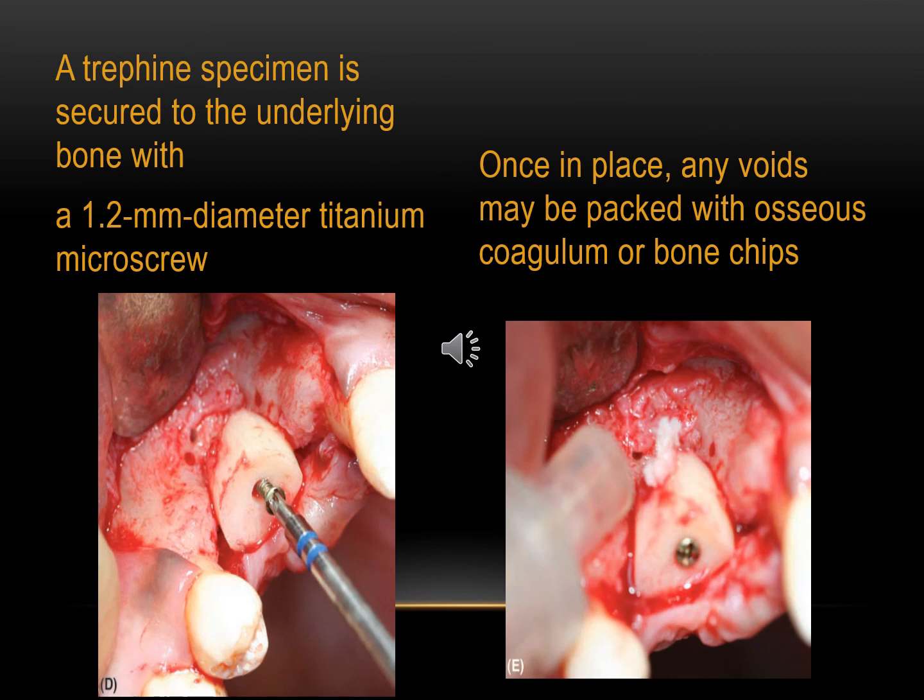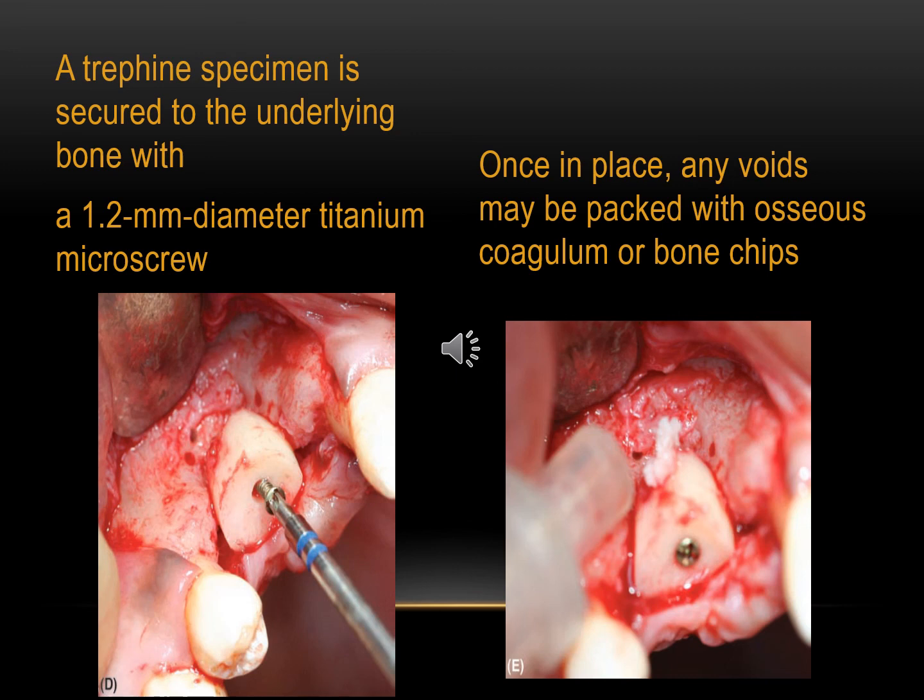Another case, you see the recipient bed with some perforation for encouraging the bleeding from the cancellous bone, with the bone block screwed in place using a small screw to be stable.